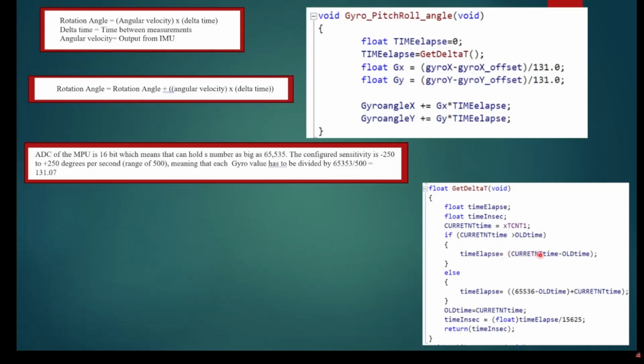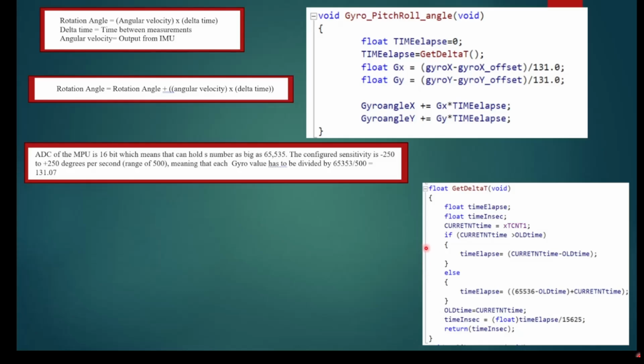So what I do is I subtract the current time from the old time, and that gives me the change in time, and that's what I need for my program. Then the old time becomes the current time, and then I convert the time, which until this point is all in ticks, to seconds by dividing it by 5,625, and that's what I send back.